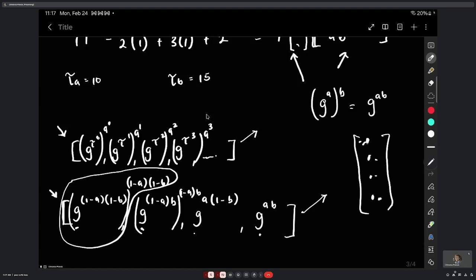So A and B are known. Not necessarily known, but not in the trusted setup. Yeah, in the trusted setup. I thought that was the issue at first.